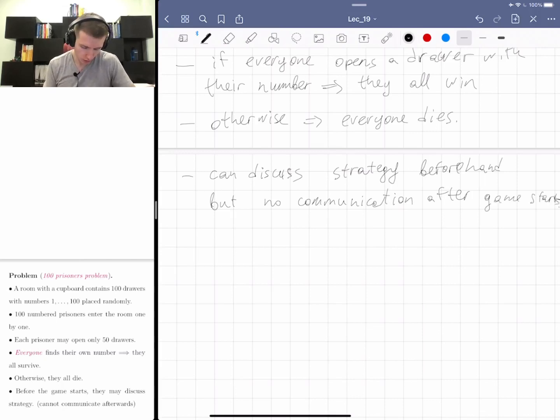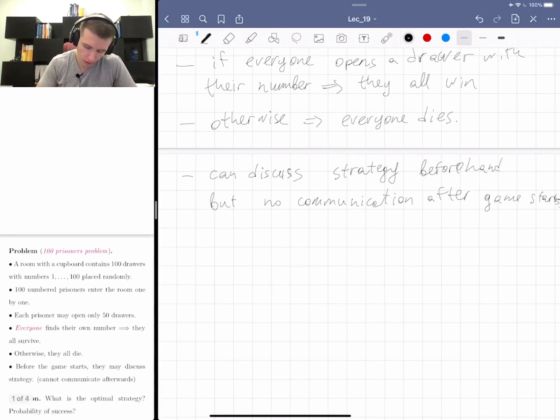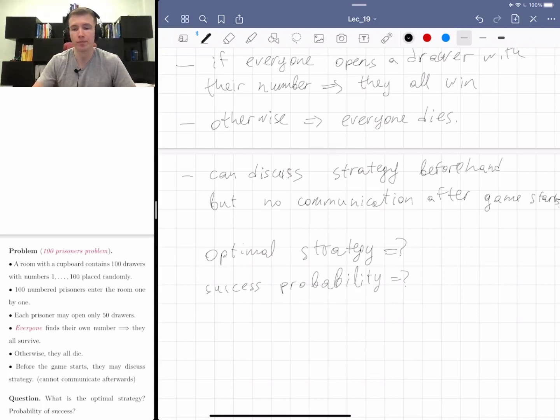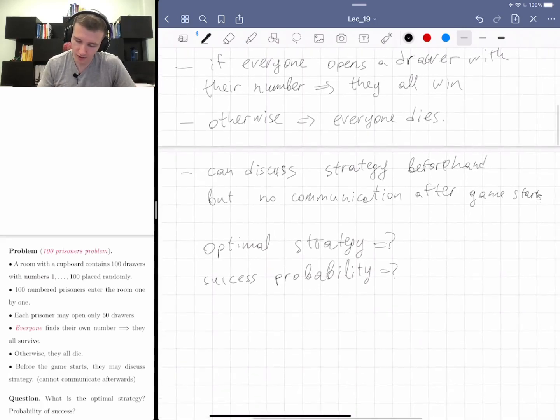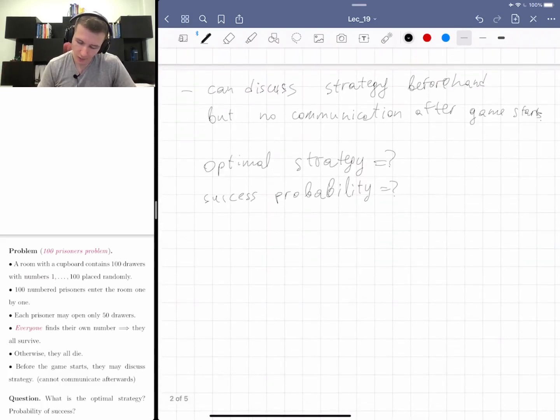And the question is, what is the optimal strategy, and what success probability does it give? Some of you probably know this problem. It is on Wikipedia, but if you don't know, then I suggest you think about it. And I'm not going to tell you the answer, maybe until, let's say, the next lecture.